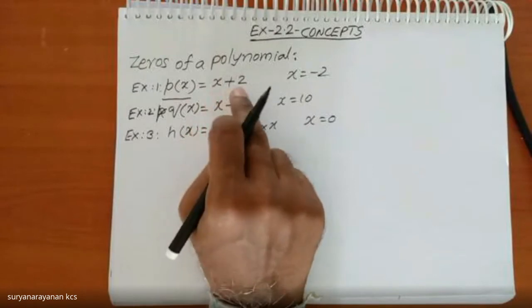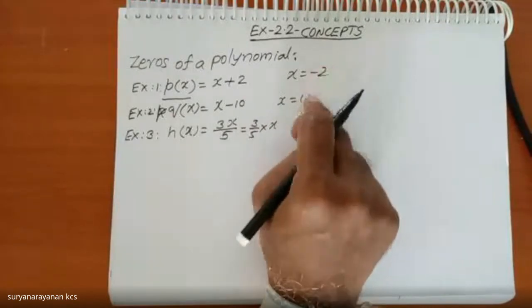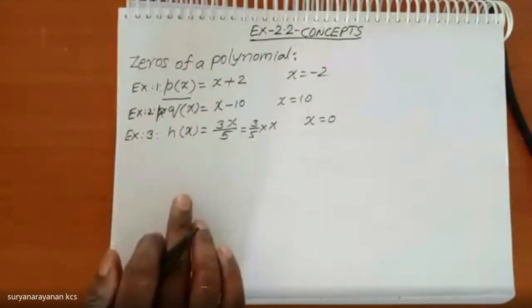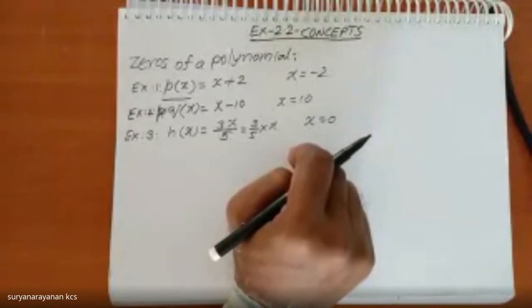The value of the polynomial is 0. That is why these values are called zeros of a polynomial. Understood this point, my dear children? What is meant by zero of a polynomial?